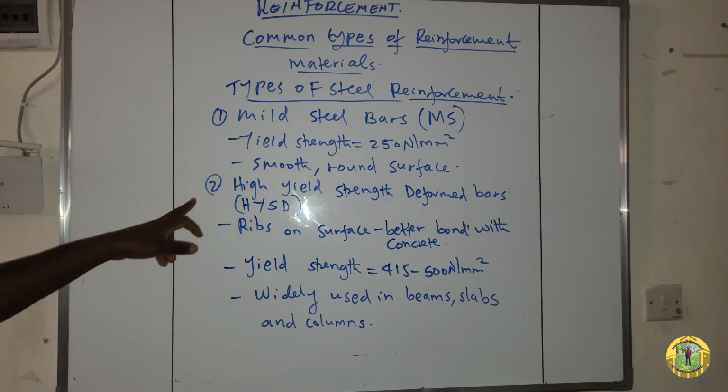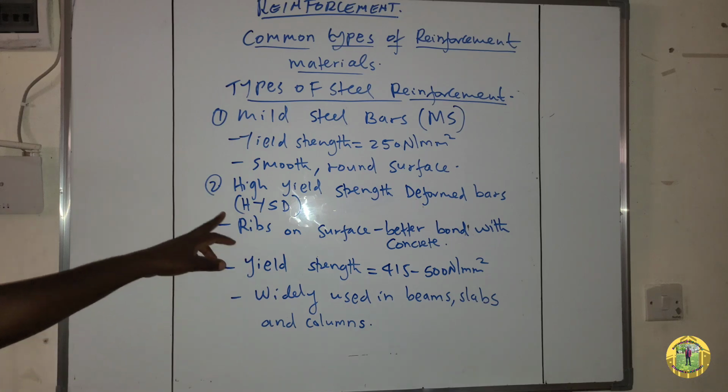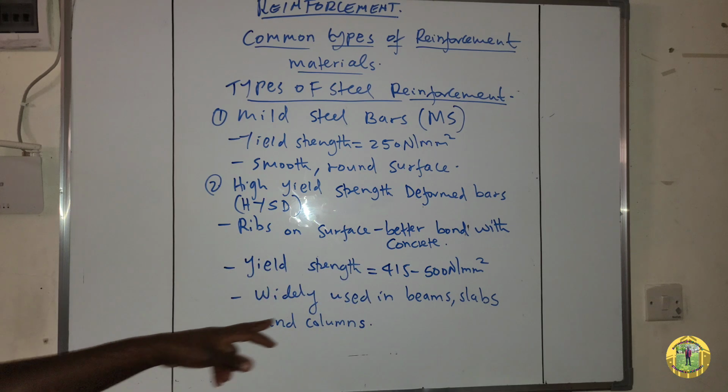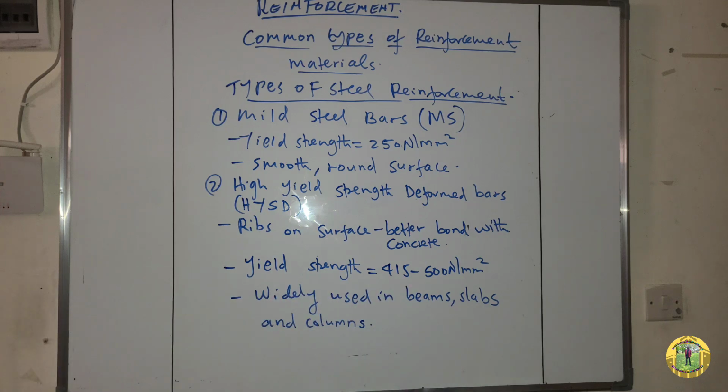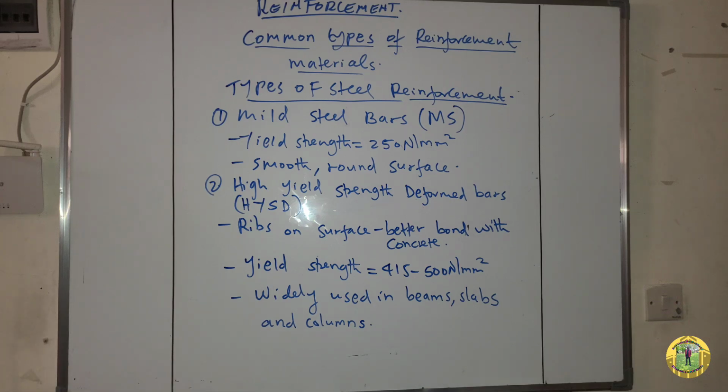Number two, high yield strength deformed bars, or HYSD. This bar has ribs on the surface, and due to the ribs, it forms a better bonding with concrete. The yield strength is between 415 to 500 Newton per millimeter square, and it is widely used in beams, slabs, and columns.